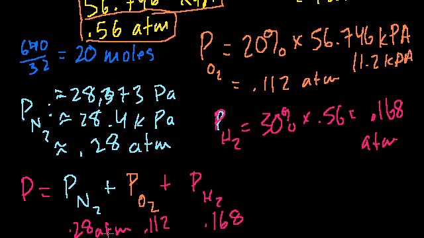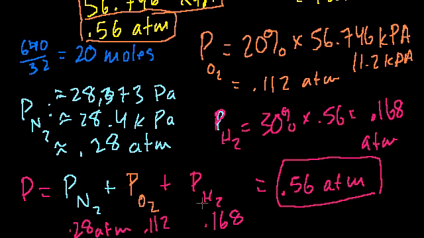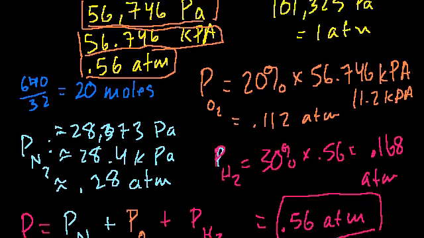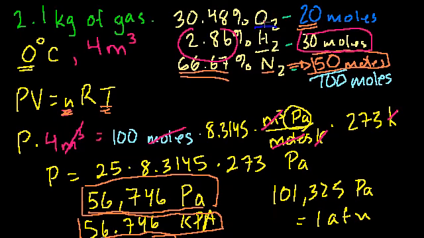And if you add these together, you will see indeed that they add to 0.56 atmospheres, which was the total pressure of our system. Anyway, this was a very long and hairy problem, but the key takeaway is that every molecule in the system contributes to the total pressure in proportion to the number of moles it has as a percentage of the total number of moles in the system. I hope that didn't confuse you too much.